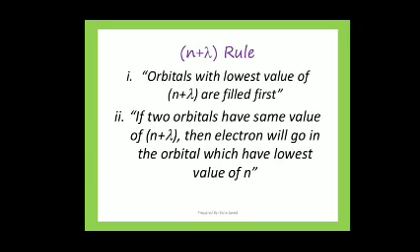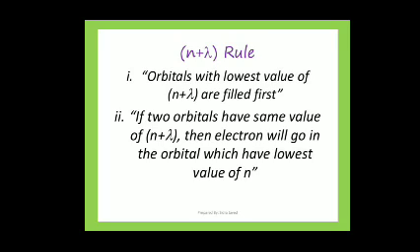For the 2p orbital, n value is 2, l value is 1. Then the 2p orbital n plus l value is 2 plus 1, equal to 3. For the 3s orbital, n is equal to 3, l is equal to 0. Then the 3s orbital n plus l value is 3 plus 0, that is equal to 3.